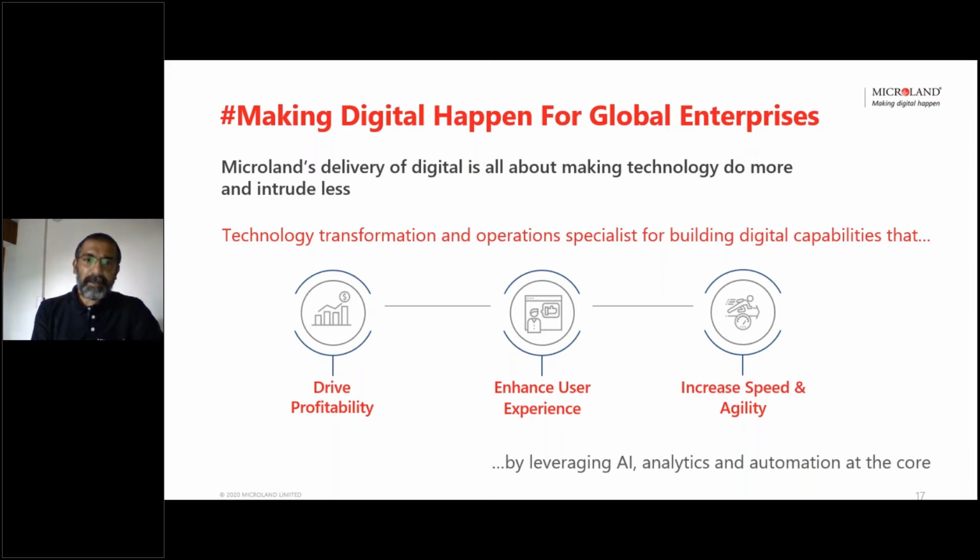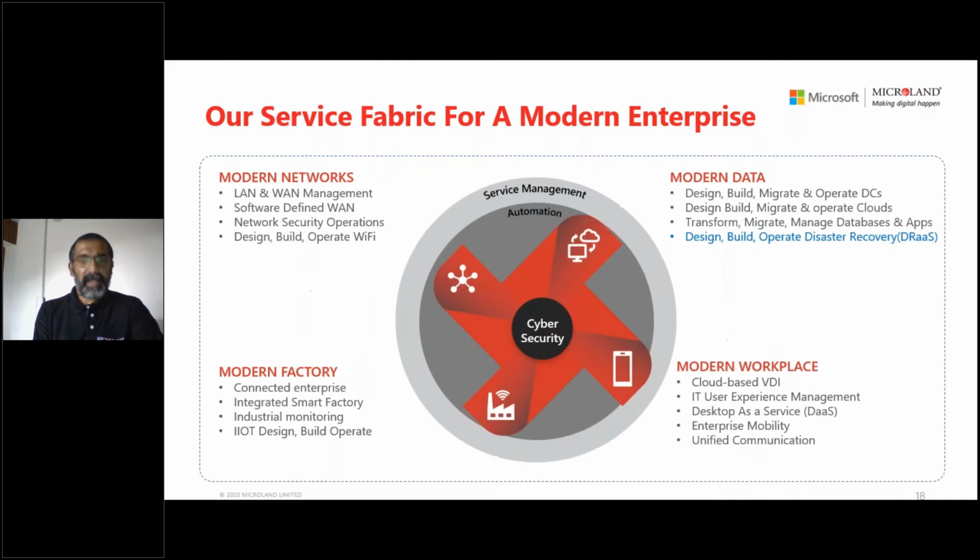Our services and innovative solutions leverage the digital elements of cloud, mobile, IoT, and data, all enabled and enhanced by AI, machine learning based analytics and automation solutions. And we drive mainly three key values for our customers: profitability, user experience, and agility.